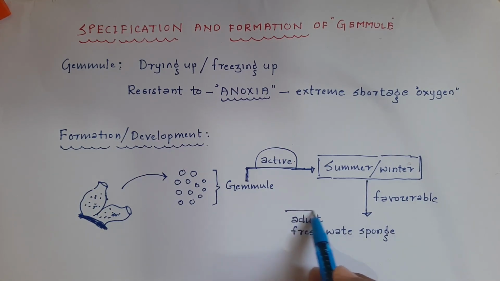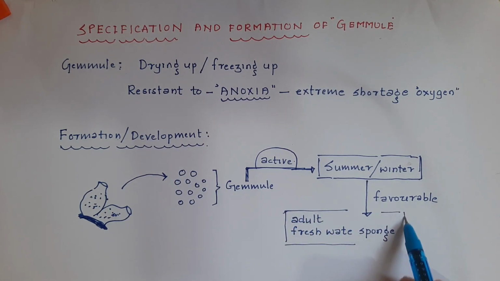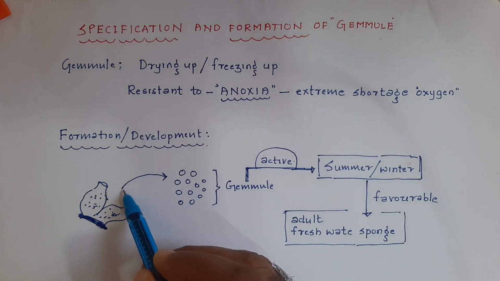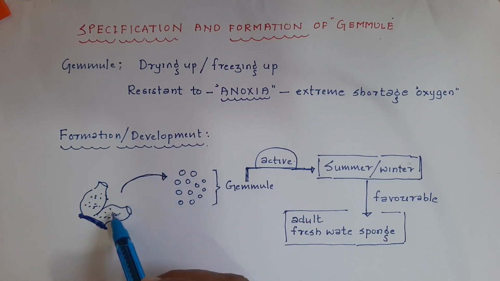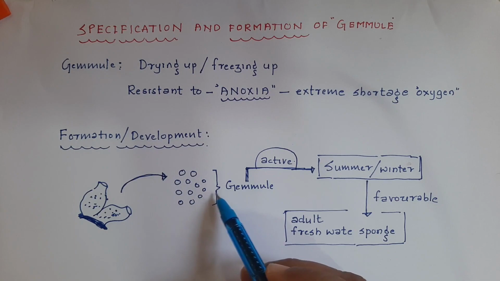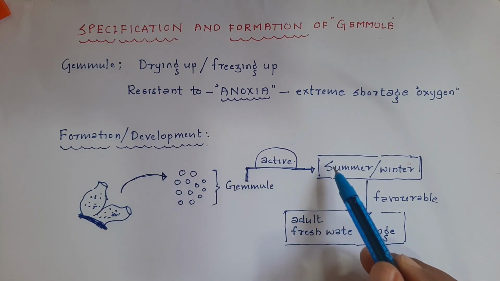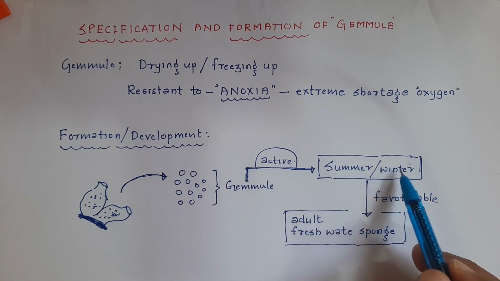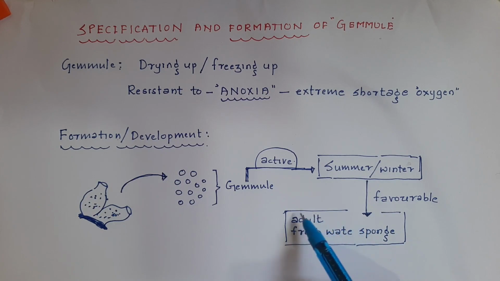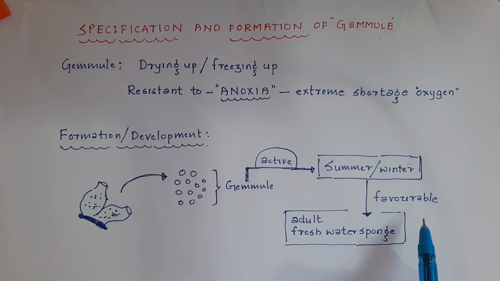So this is how the formation and development of gemmules takes place. First, gemmules are released from the freshwater sponges, and they remain active in unfavorable conditions like summer and winter. When favorable conditions return, these gemmules develop into an adult freshwater sponge.